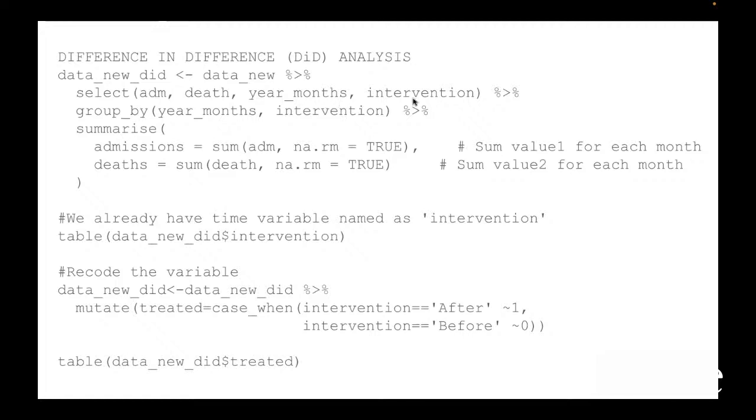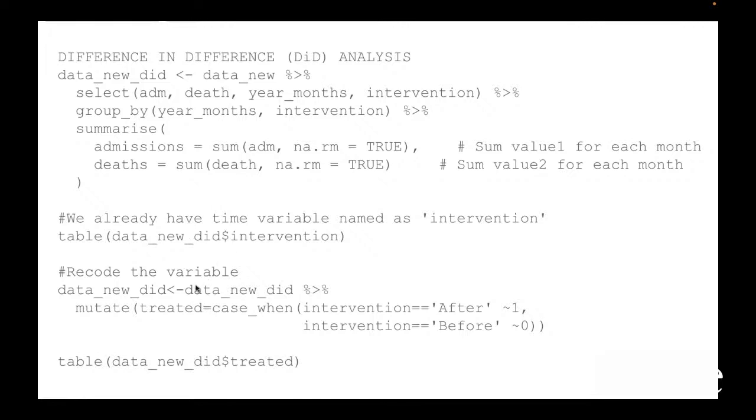The intervention means the year before July 2016 and the year after July 2016. Then I sum the total number of admissions and the total number of deaths, so that I can calculate the number of deaths per patient to arrive at the EMD.